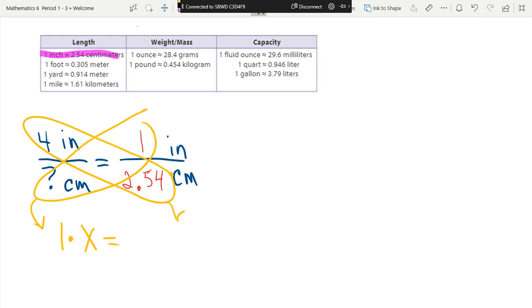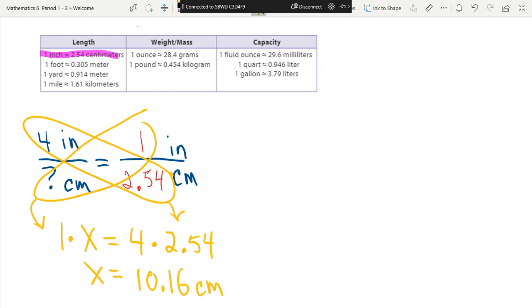And then on the right side, this is 4 times 2.54. 1 times an unknown, that's just 1 times x or x. And like I said, for these, you can use your calculator. So I'm going to punch in 4 times 2.54, and I got 10.16 centimeters.